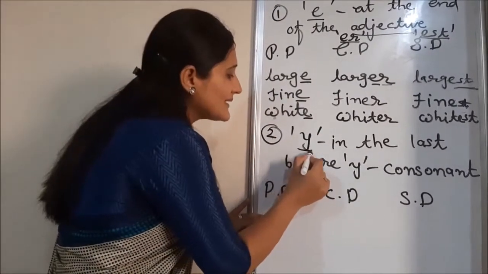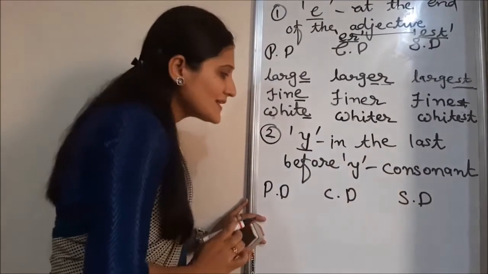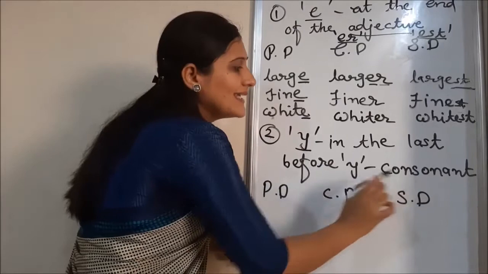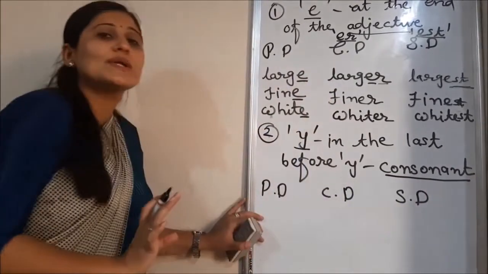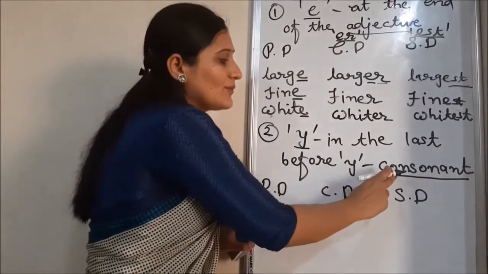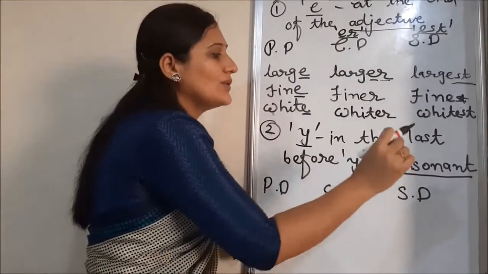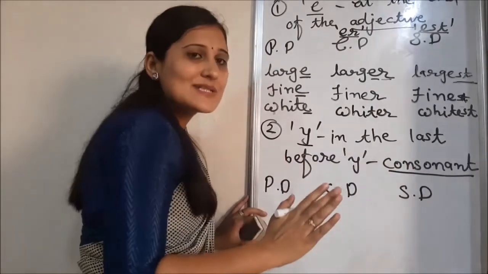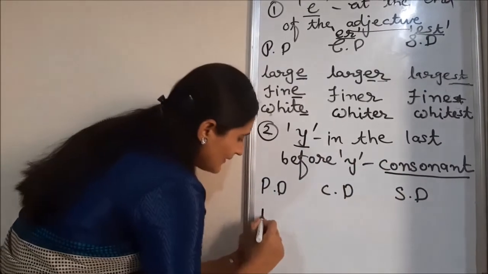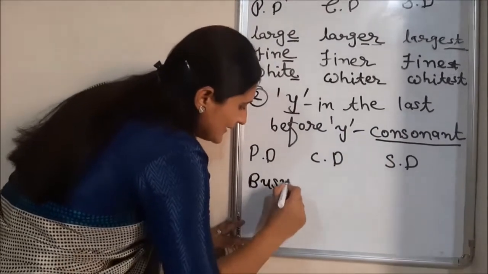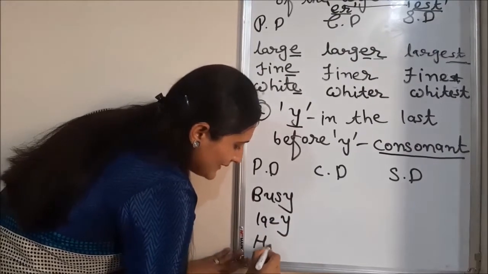Now, the second one is Y. If Y is last in the adjective and before Y there is any consonant, you know, right? From A, B, C, D, there are 5 vowels, A, E, I, O, U, and the rest are called consonants. So see, busy, lazy, happy.